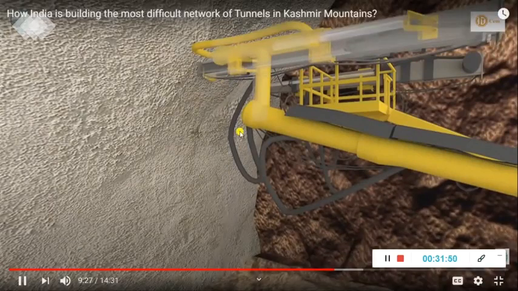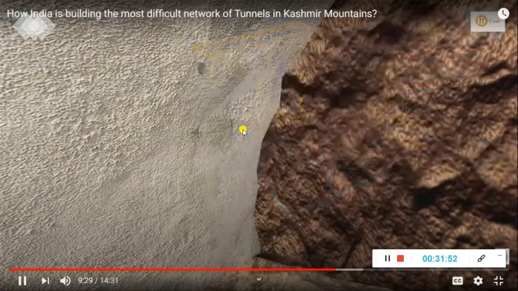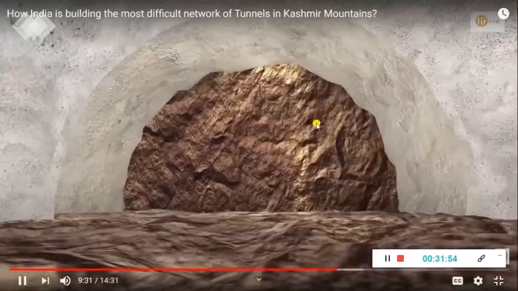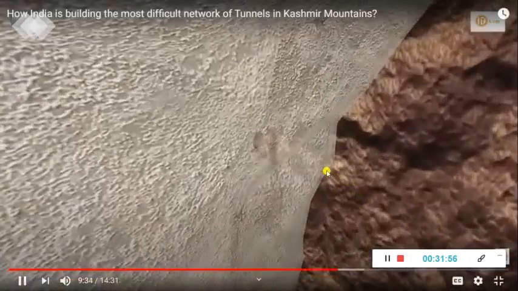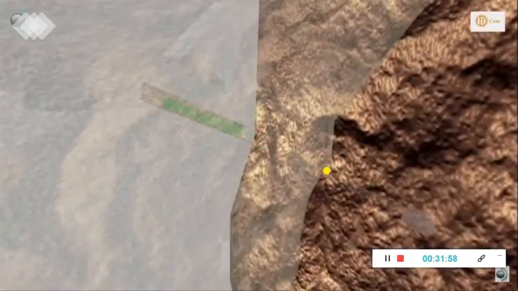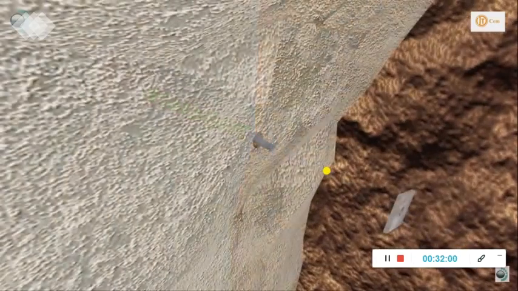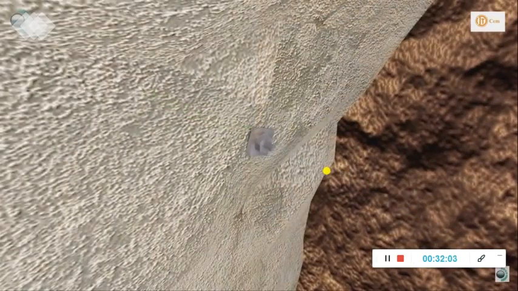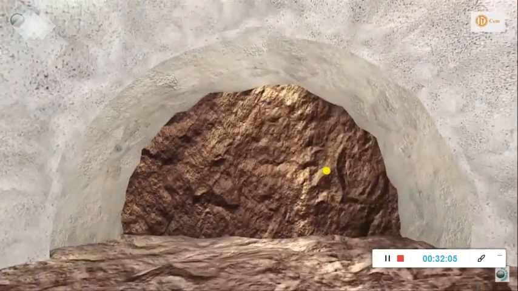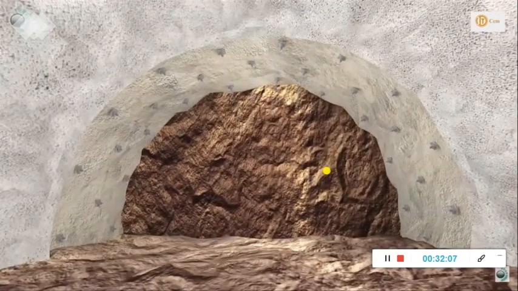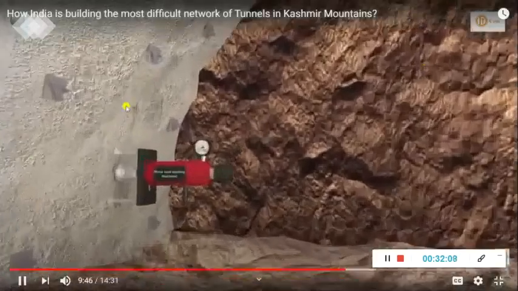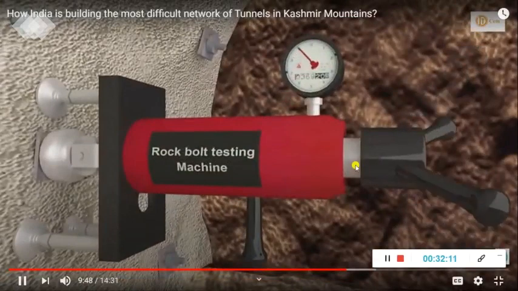Ini adalah rock bolt. Ini untuk penahan retaining. Depending on rock class, plates are fixed and bolted and predefined amount of torque is applied. Rock bolts are then tested for load-bearing capacity after 15 days.